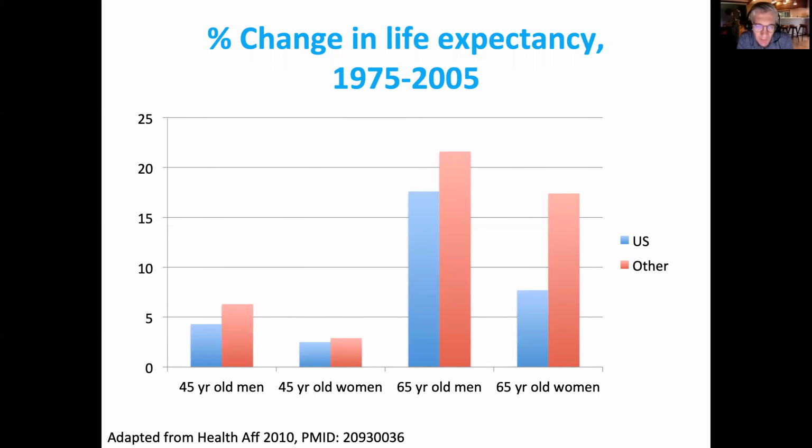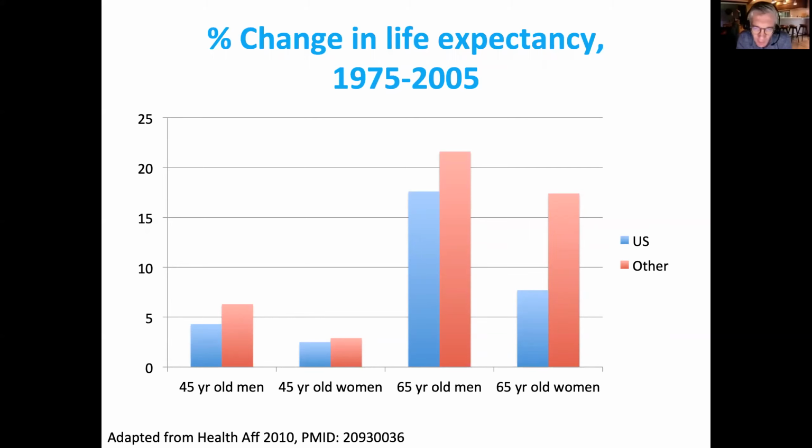And in spite of the fact that we don't necessarily have worse habits than everyone else, we've seen this big difference in change in life expectancy over time. So along the bottom of the screen here, you see 45-year-old men and women, 65-year-old men and women, and you see their life expectancy change from 1975 to 2005, that same period of time we were looking at changes in bad habits.